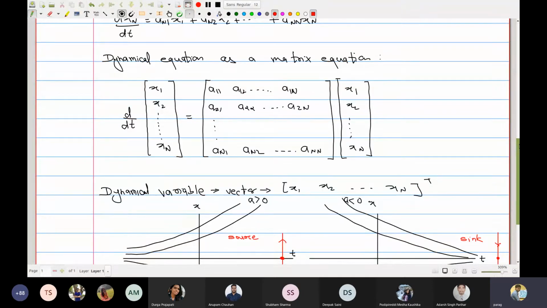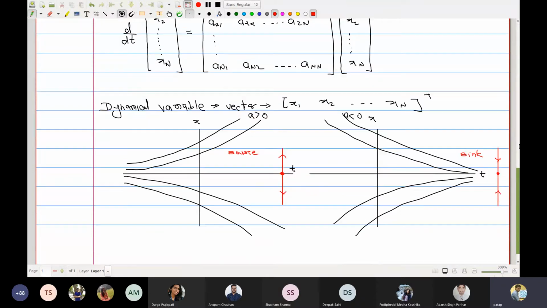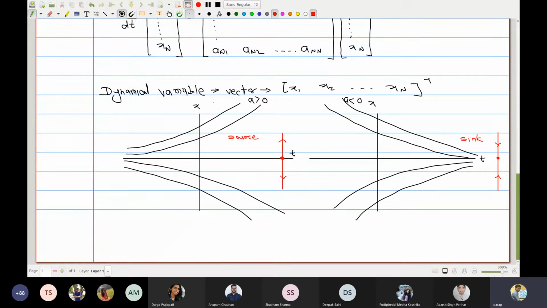Now, if you have a square matrix, what is that particular quantity of a matrix which will help me get an idea about the behavior of the system? The answer to that question is very simple. The quantity which will give me this idea will be the eigenvalues of the matrix.